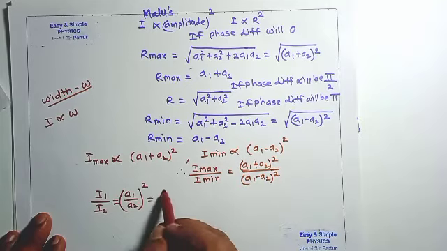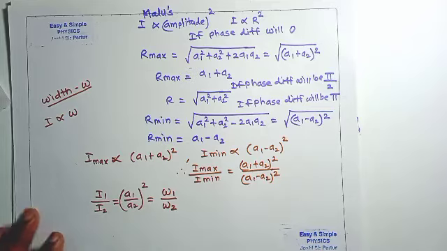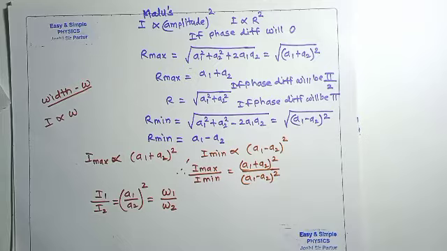So it can be written as width 1 upon width 2. Means there is another relation, that is width 1 and width 2. The two relations are given. But here they are maximum and minimum intensities.